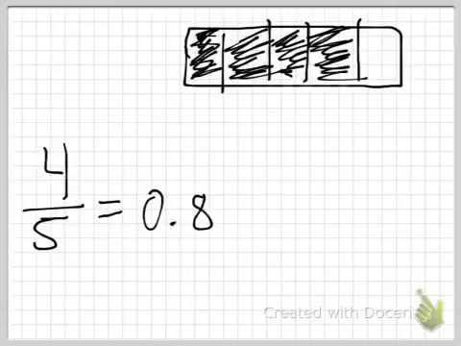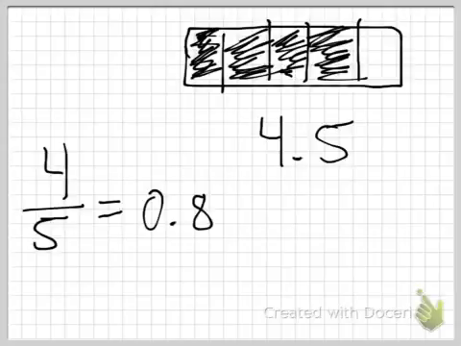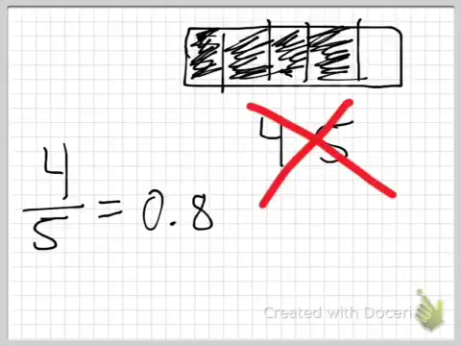So when you divide 4 divided by 5, you're not going to get 4.5. This is a big no-no, so you do not write that, ever.